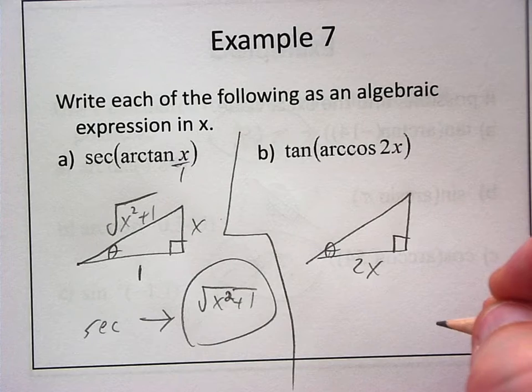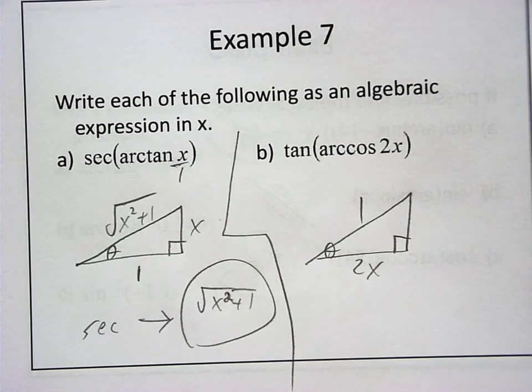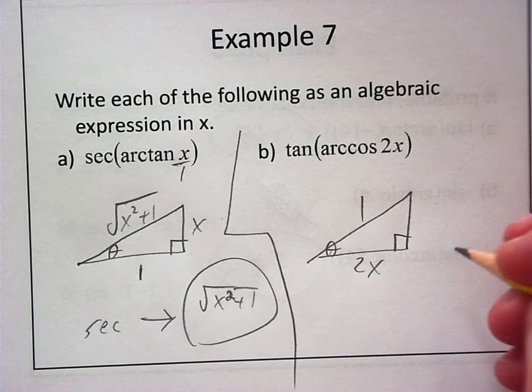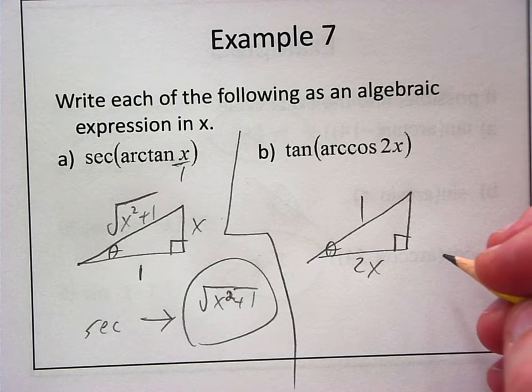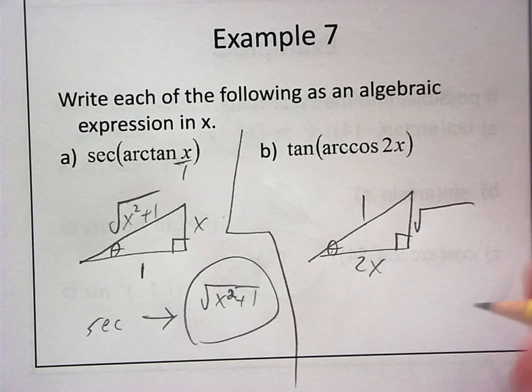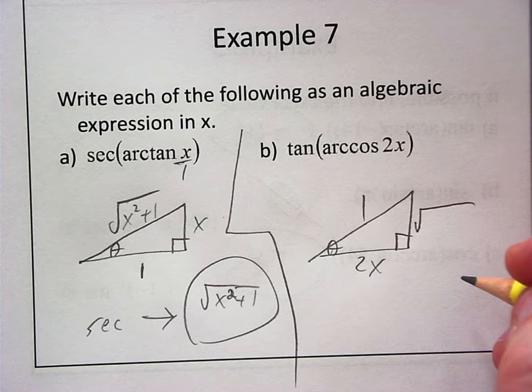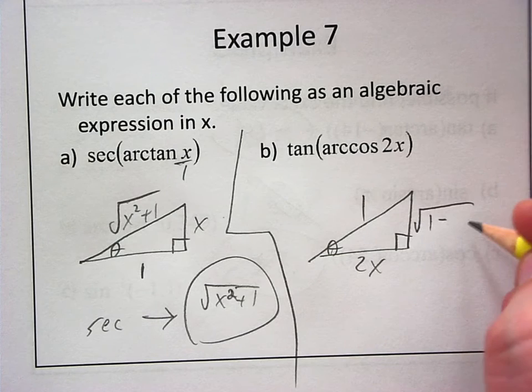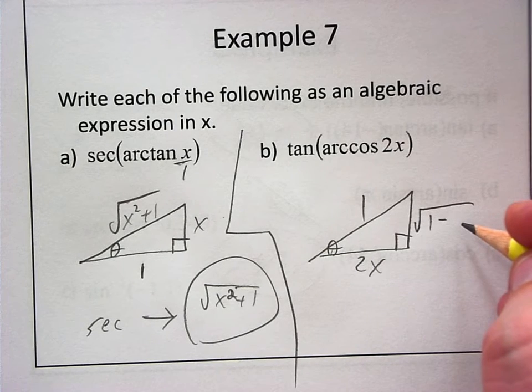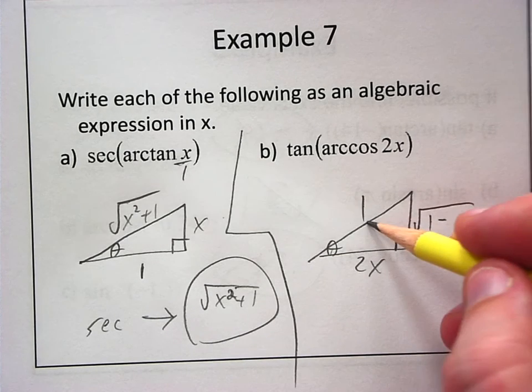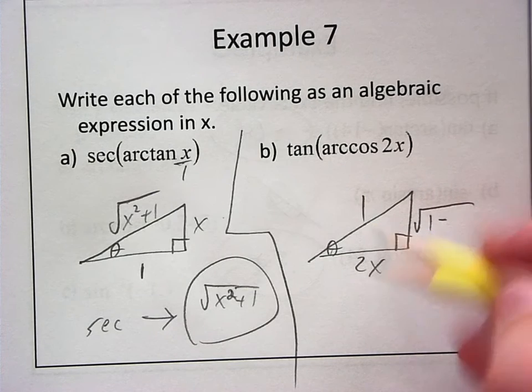And then 1 for the hypotenuse. So then the other side is going to be what? Square root of 1 minus what? 2x squared. So you square the hypotenuse and subtract 2x squared.